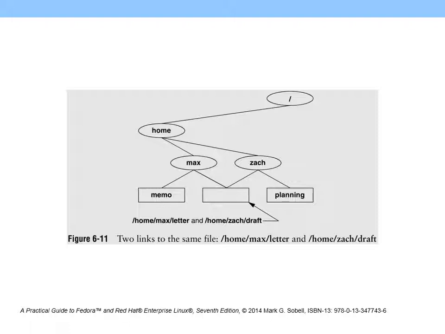So what they're really trying to say is you have Max, and we had draft, and we call it letters, or letter. This is what they're really trying to say.